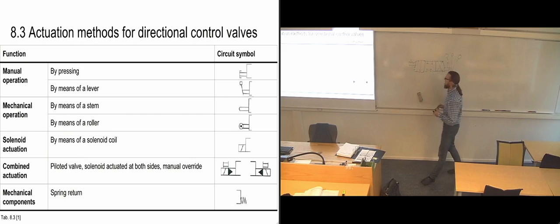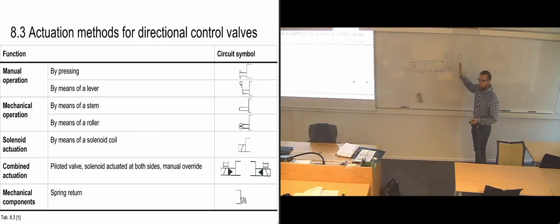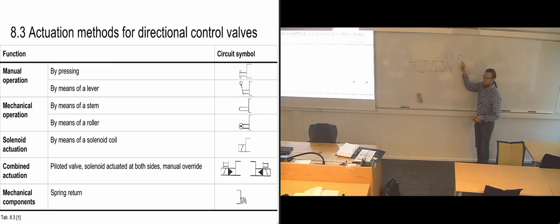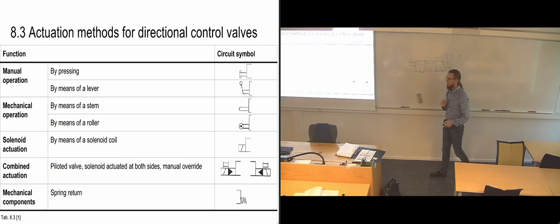What it means is that once you've switched it into one position, you have a mechanical system in there that's going to keep it in that position until you actually apply some amount of force to the lever. So it's not enough to just accidentally poke it a bit with your finger. It's not going to switch at all. You actually have to use some force in order to get it in the correct position.